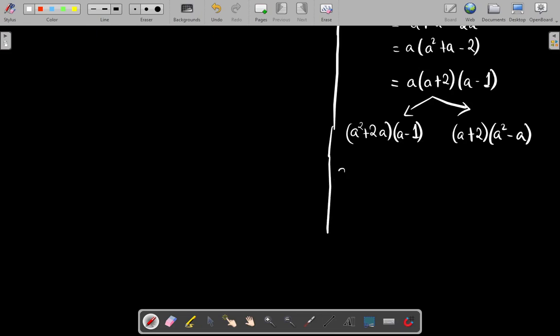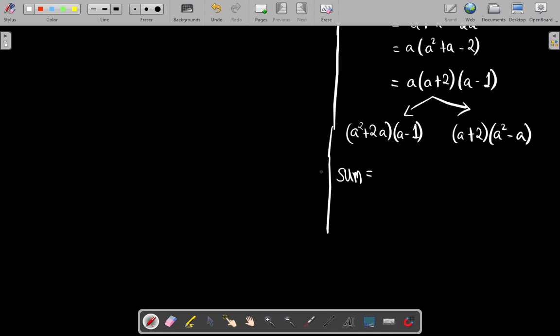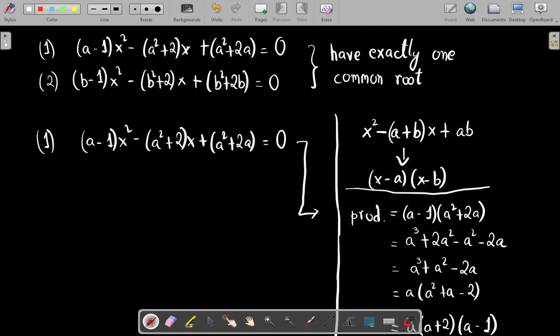Now the sum is a² plus 2, that is your a plus b. This a plus b is equal to a² plus 2. Now in the general case, x² minus (a plus b)x plus ab, this a plus b is the sum of this a and b, right?